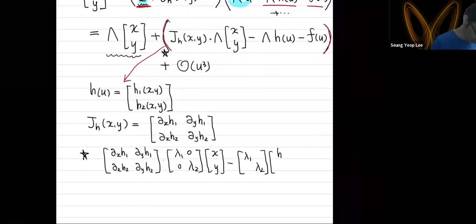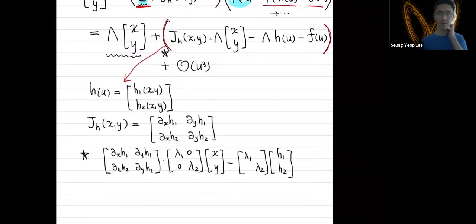H is h1, h2. And in the new coordinate, we want to see whether we can get rid of the quadratic terms by this change of variable. That's what we want to do.